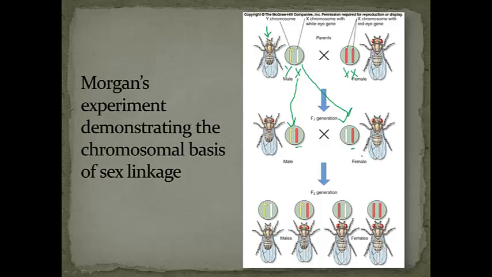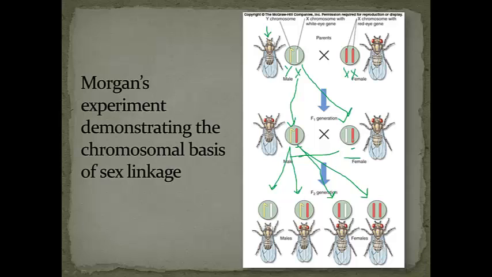Okay, when our F1 generation crosses, the male gives his Y chromosome to his sons and gives his X chromosome, his red X, to his daughters.